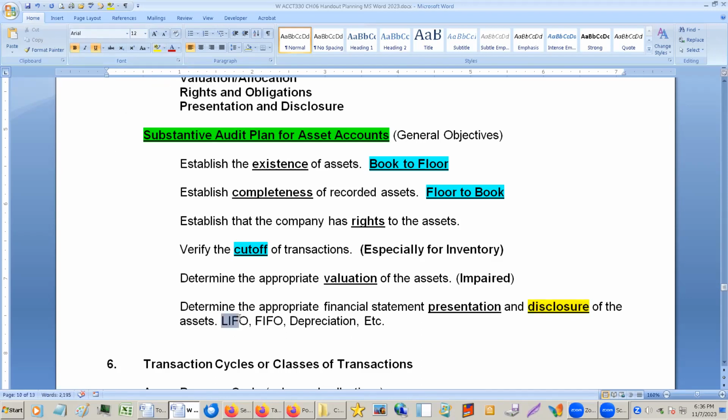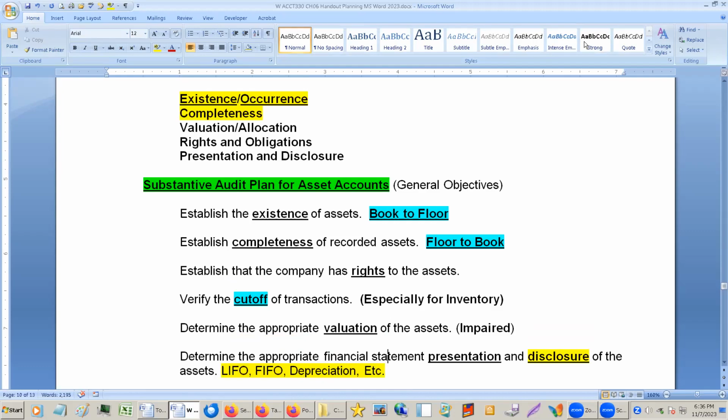And one of the things that is often missed, even by a lot of people who do auditing, is that the footnotes are required for GAAP. So even though we have this presentation and disclosure thing, which is obviously there for a reason, most of the time those footnotes are required by GAAP.